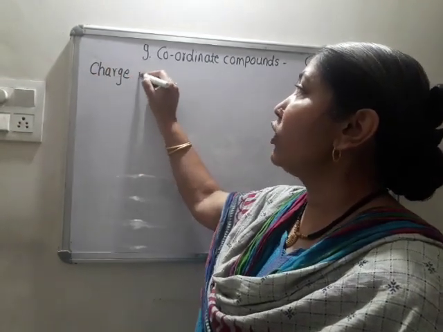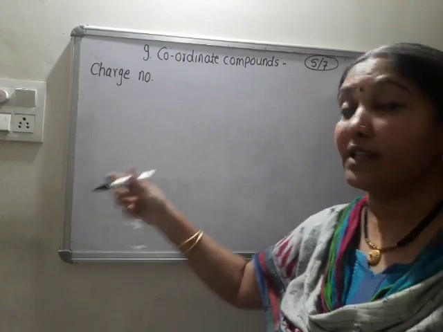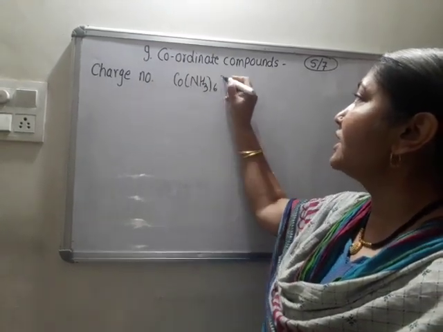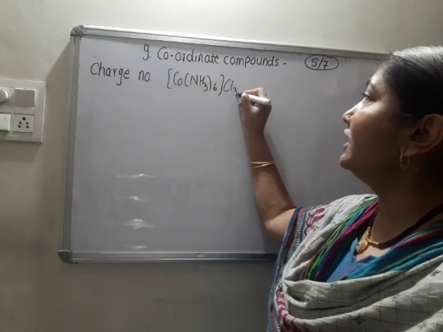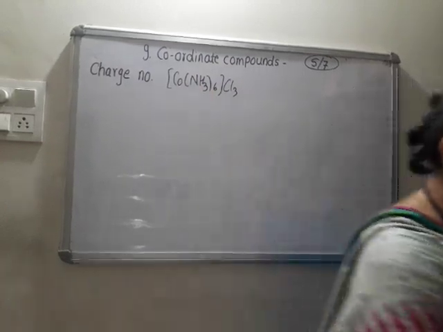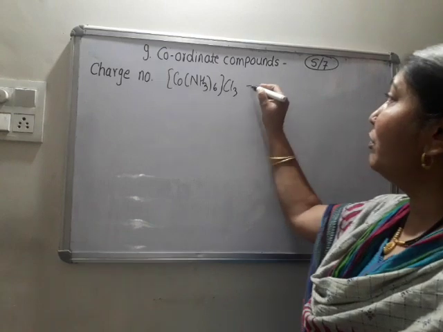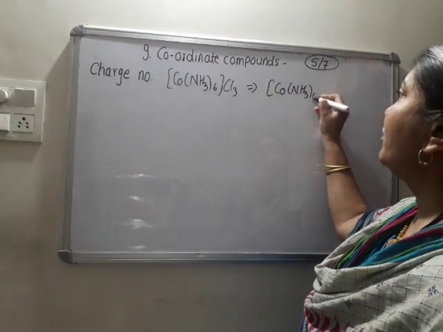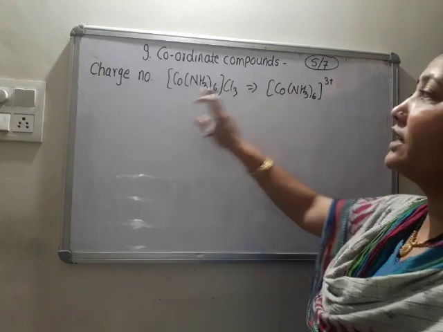So the question is, what is the charge number of this complex? If I give you the example [Co(NH3)6]Cl3, what is the charge number of this complex? What is the charge on the square bracket? Simple. The charge on the square bracket is the charge number.